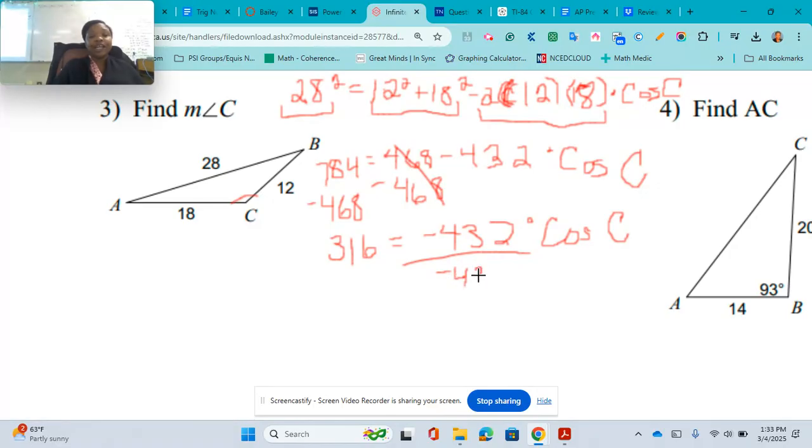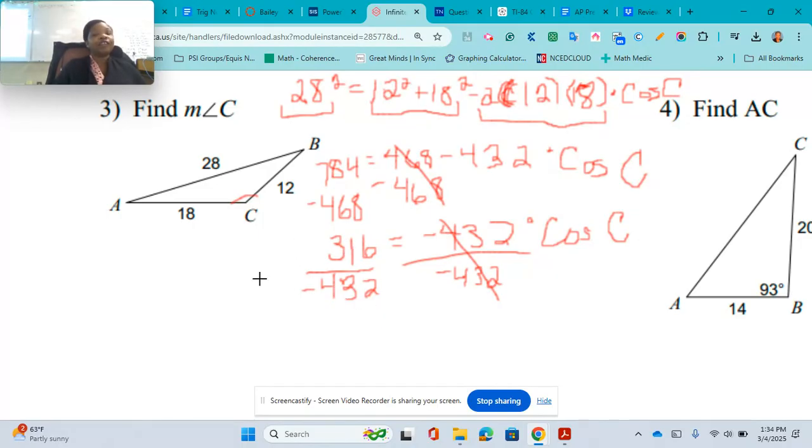What we do to one side, we end up having to do to the other side. This crosses out. 316 divided by negative 432.